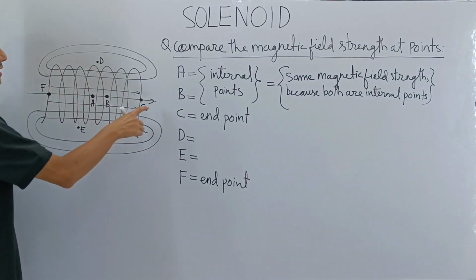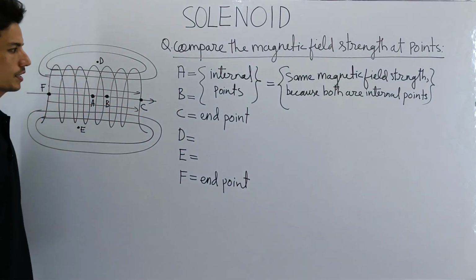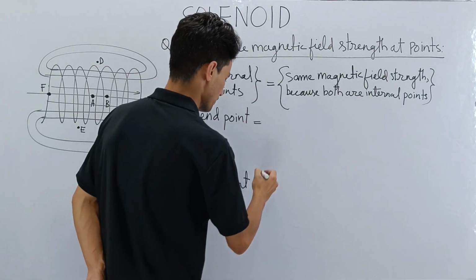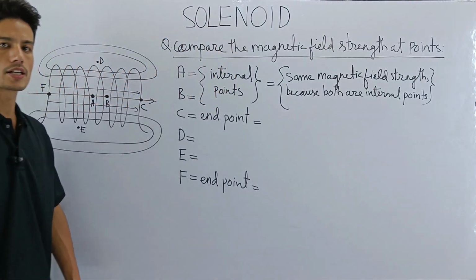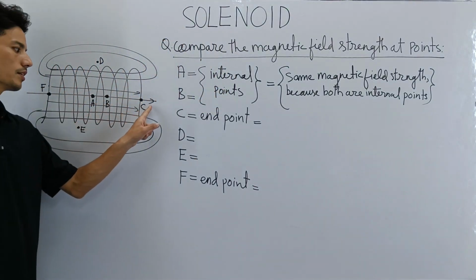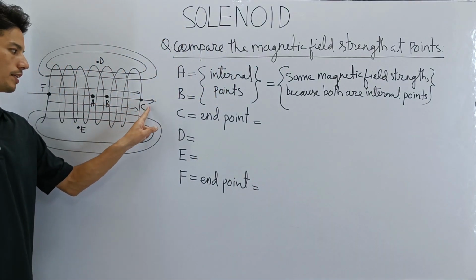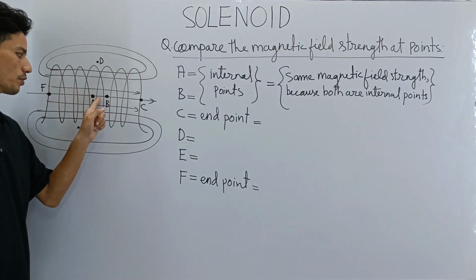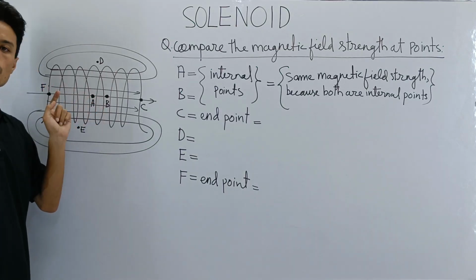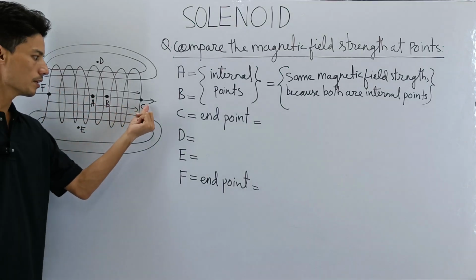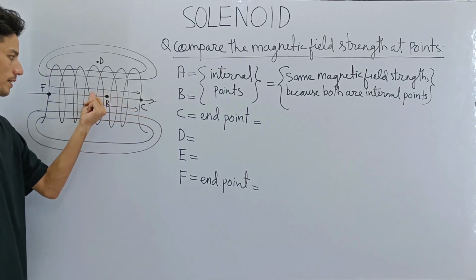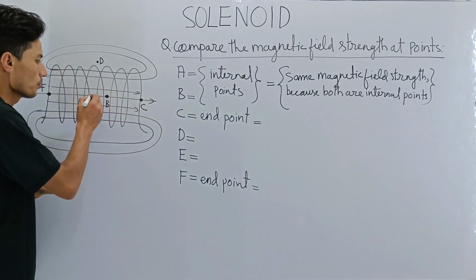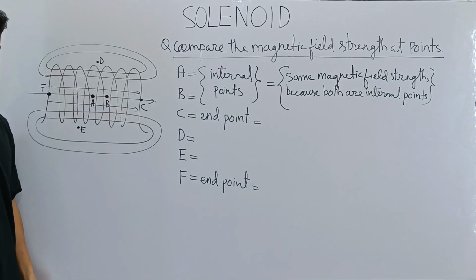So both point C and point F are endpoints. Then what is the story of the magnetic field at the endpoints? Remember, class, that the strength of the magnetic field at the endpoints is half of the strength of the magnetic field at the internal points. So the magnetic field here will be half of the magnetic field found at A and B. Remember this.